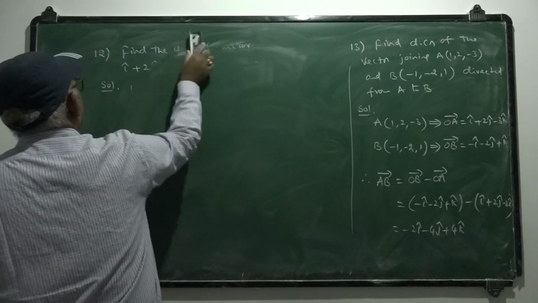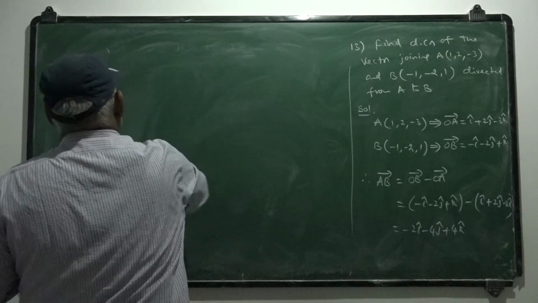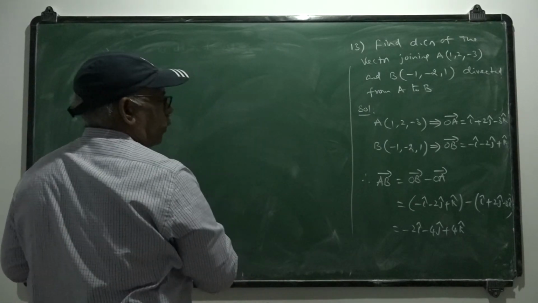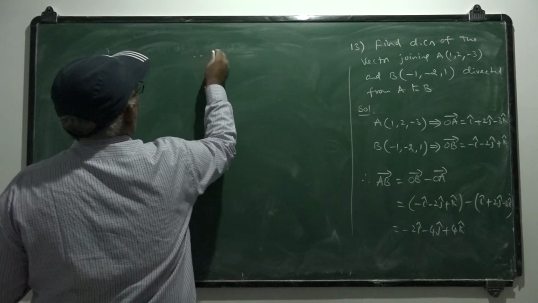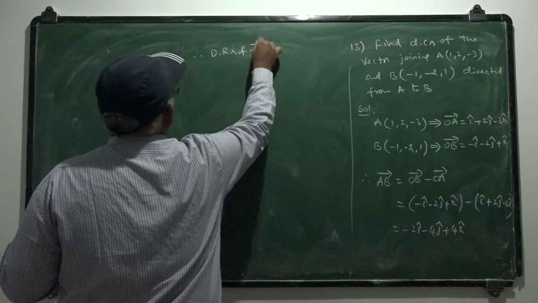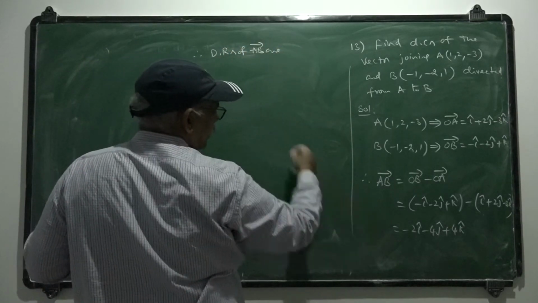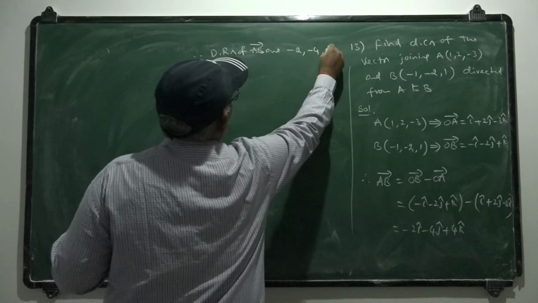To get DCs of a vector, find the unit vector. The components of the unit vector give us the DCs. So here the DRs of AB bar are minus 2, minus 4 and 4.